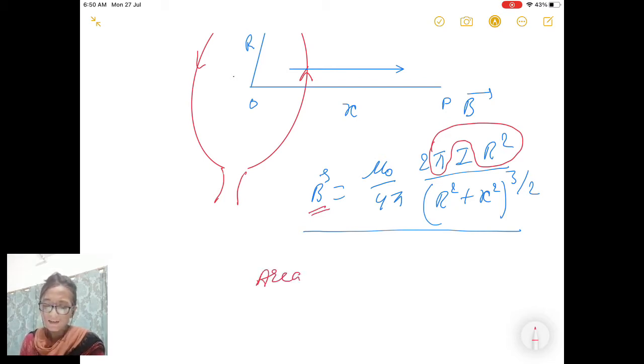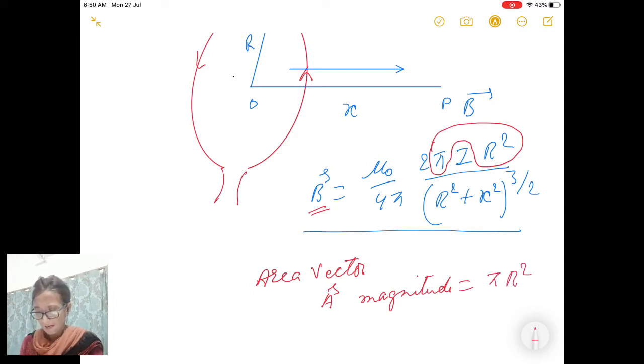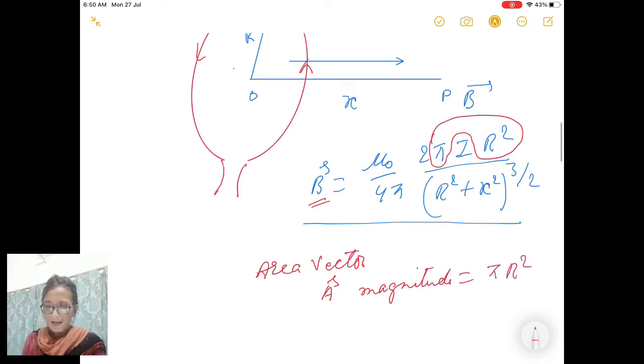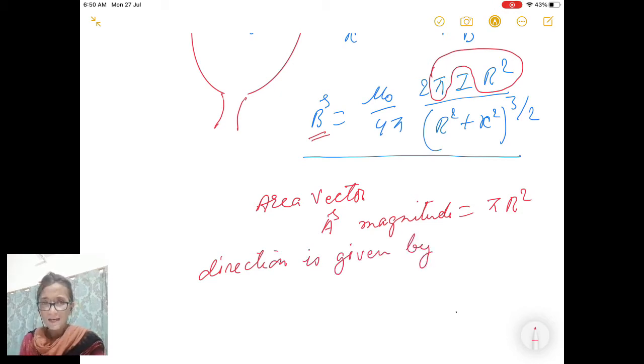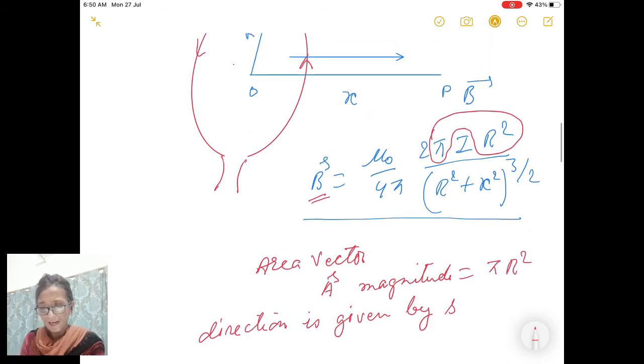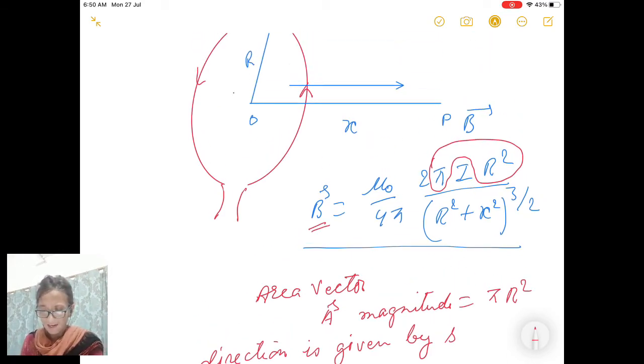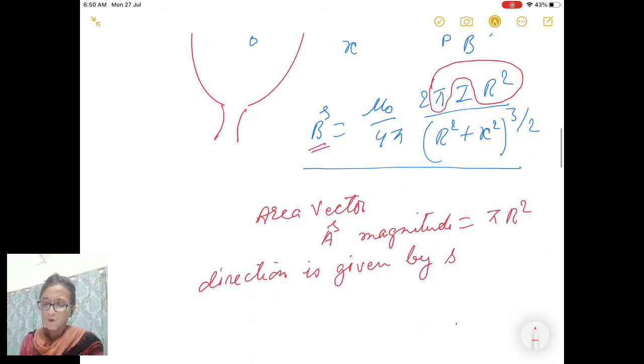The area vector A has magnitude equal to pi r square, the area of the circle itself, and its direction is given by the same right hand thumb rule that I have used in case of the magnetic field. The same right hand thumb rule you will be realizing in case of the area vector too.